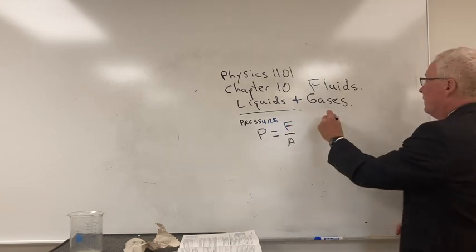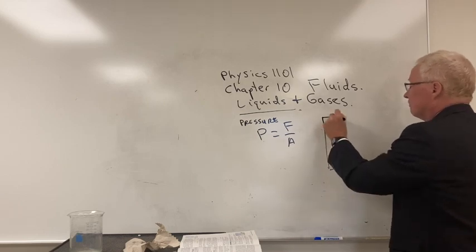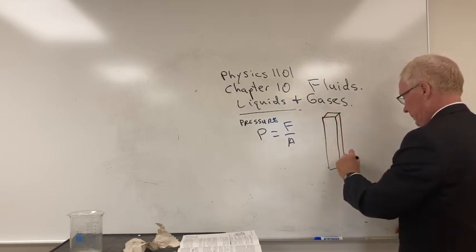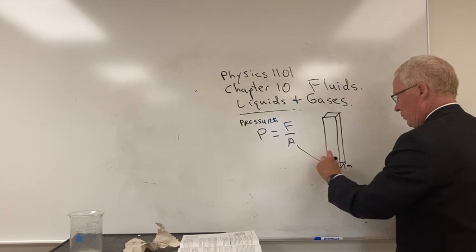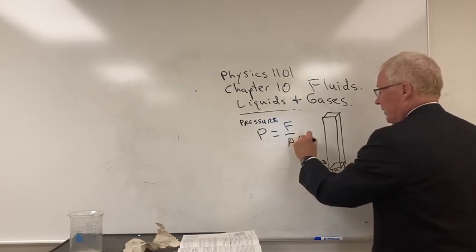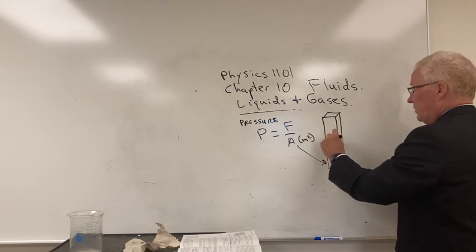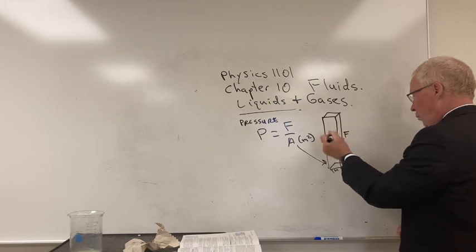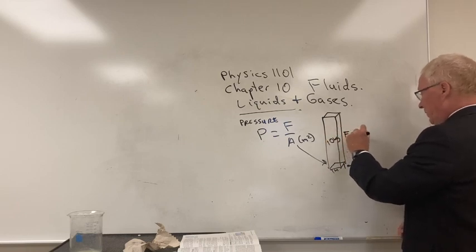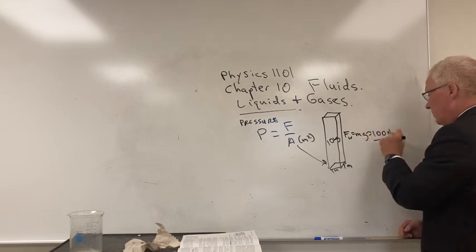So we have an object, all right? Let's say 1 meter on each side. So it has a cross-sectional area of 1 meter squared. And say this object weighs 10 kilograms. This will have a weight force of mg, or approximately 100 newtons.